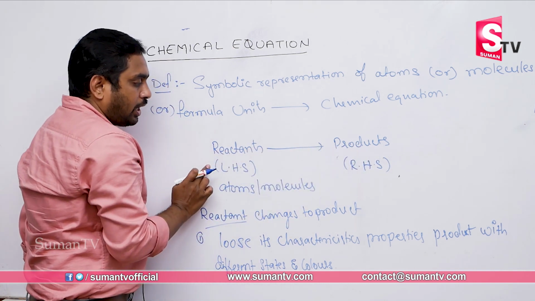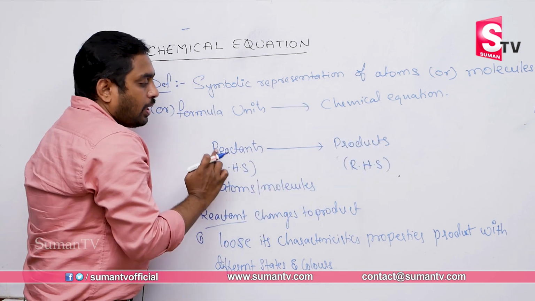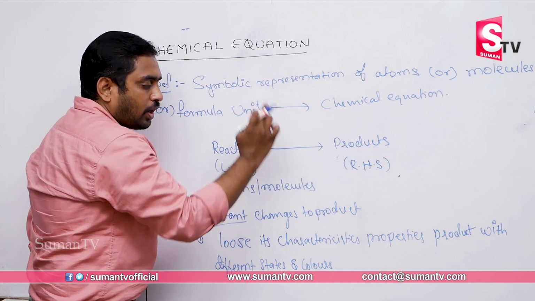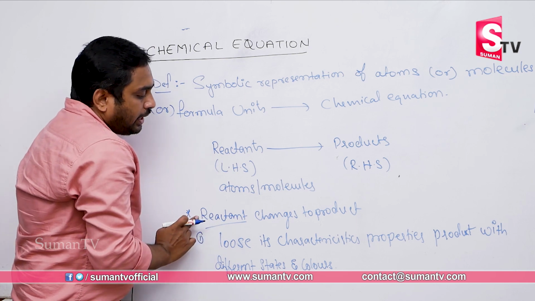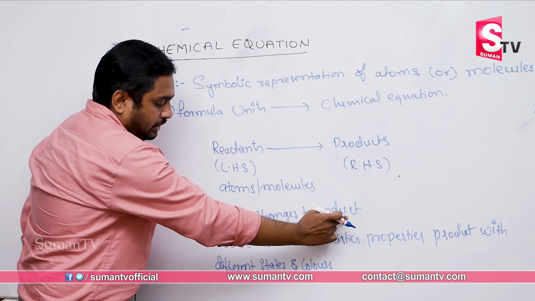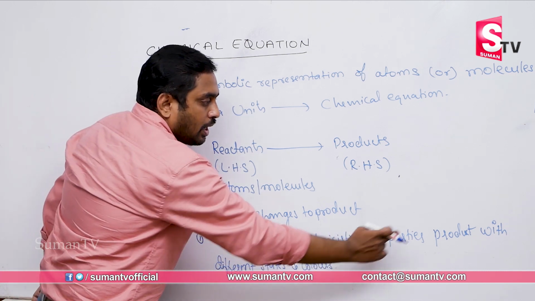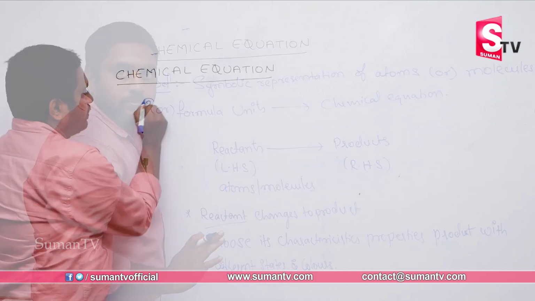On the left hand side we represent reactants, and on the right hand side we represent products. In both reactants and products, atoms or molecules or formula units must be present. During the change of reactant to product, reactants lose their characteristic properties, and the product has different states and colors.